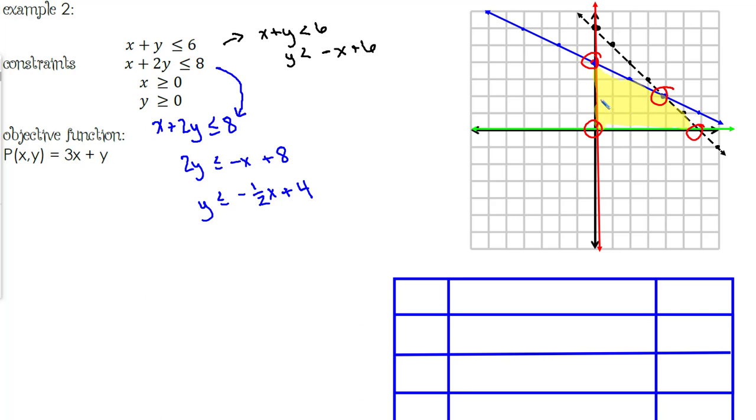This first one, which was at 0, 1, 2, 3, 4. The next one, which is at 4, 2.